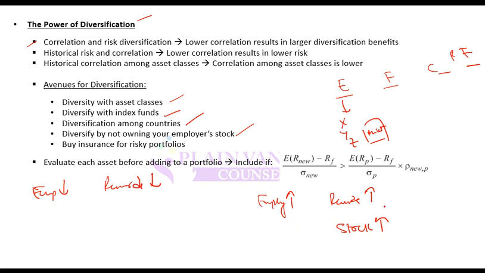If the employer performs well, stock price will also increase, and your rewards will also increase. That means your rewards from the employer and the stock both have positive correlation. So in order for you to diversify, you should not own your employer's stock, because for diversification, correlation should be lower or negative. Buy insurance for risky portfolios. So these are the avenues for diversification or reducing risk.